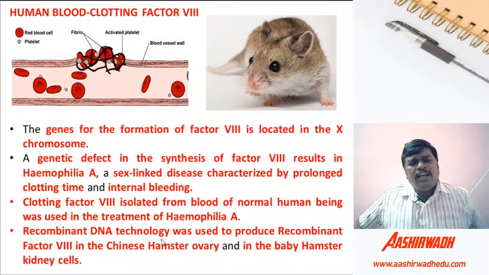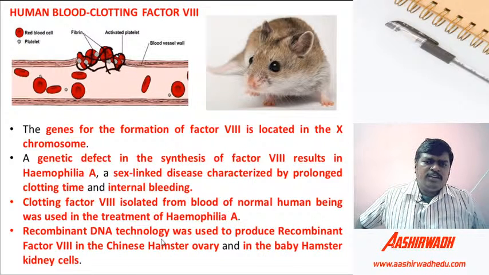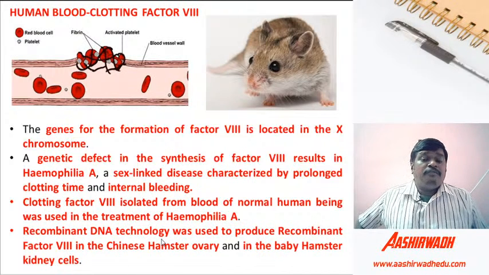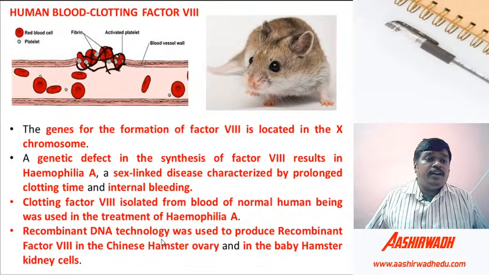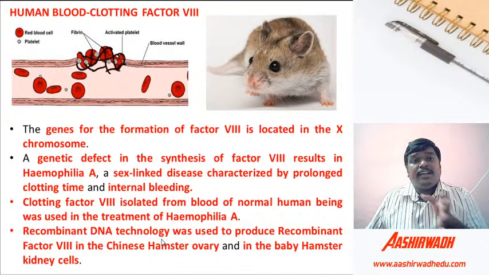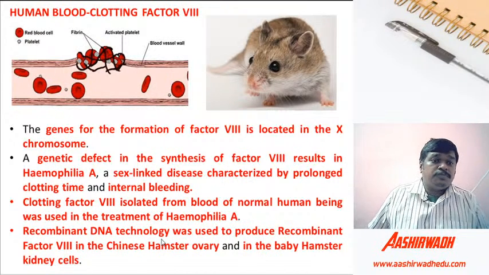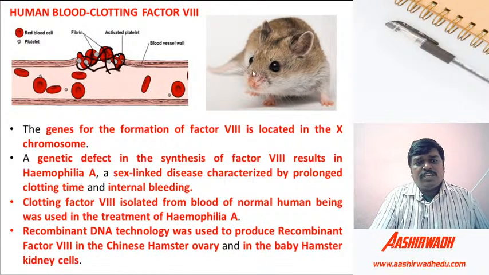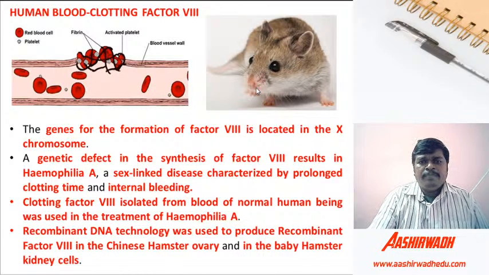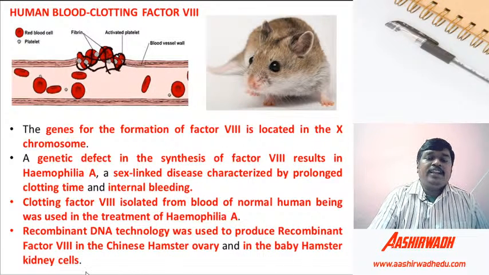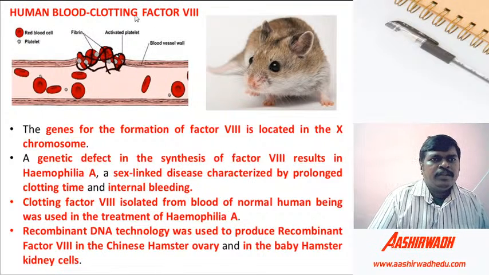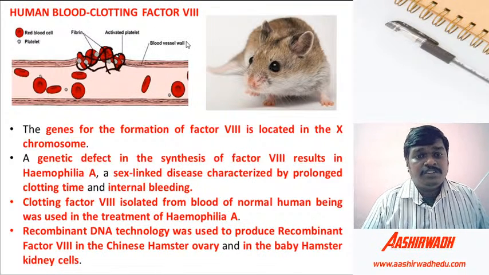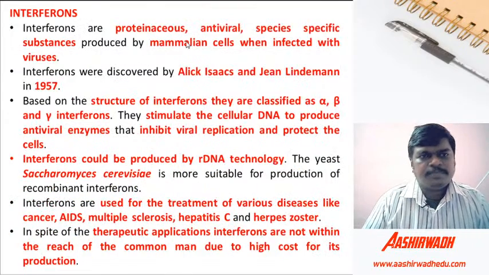Large scale recombinant clotting factor 8 is produced with the help of Chinese hamster ovary and baby hamster kidney cells, and used to treat hemophilia patients.